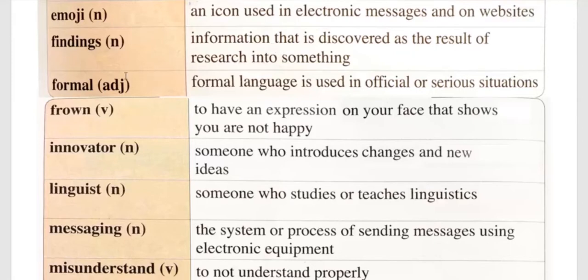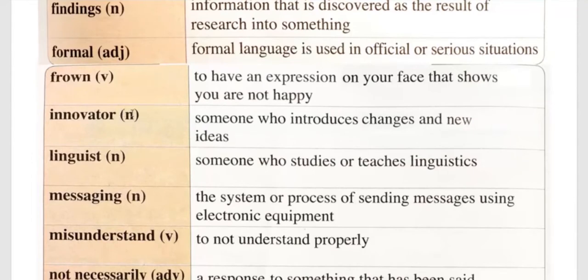Formal, of course we have formal and informal, formal language and informal language. Formal language is used in official or serious situations, but informal language, on the other hand, is used in everyday language. Frowning, to have an expression on your face that shows you are not happy.